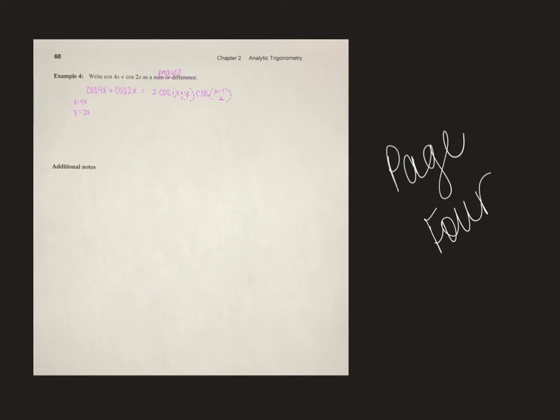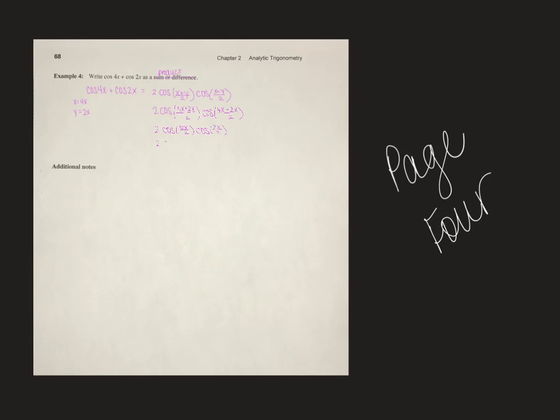So that is now where you can plug in your x's and your y's. So we have 2 cosine of 4x plus 2x over 2 times the cosine of 4x minus 2x over 2. You can simplify these. So we have the 2 cosine of 6x over 2 times the cosine of 2x over 2.